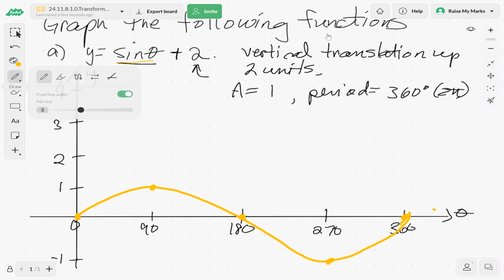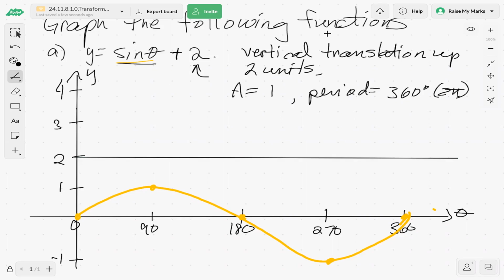So why don't we start with that? That will be our first item that we translate up. So that axis now becomes y equals 2. Oh dear, I'm not sure what's happening there. I'll call that y equals 2. All right.